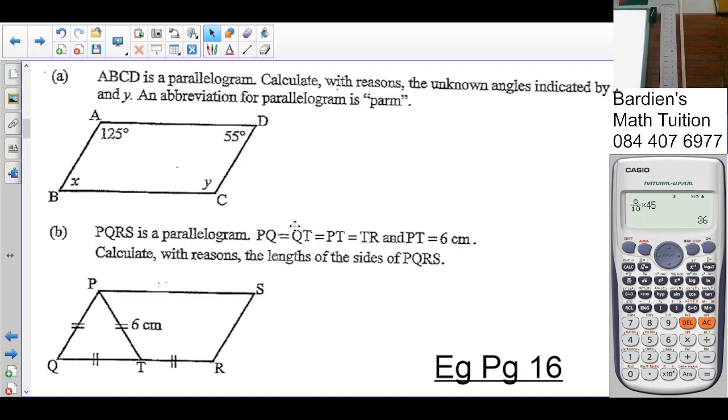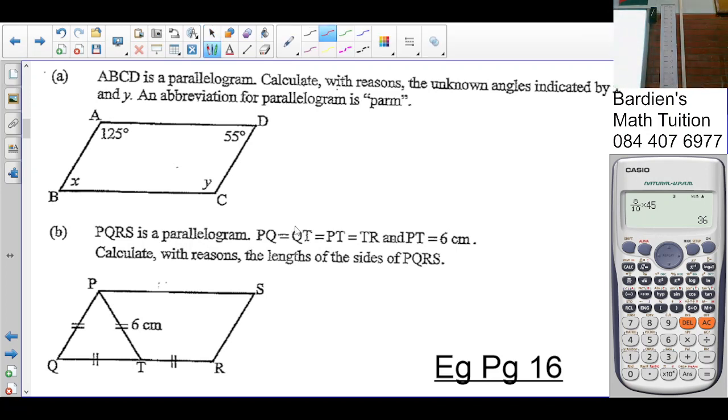So the question says, ABCD is a parallelogram. Calculate with reasons the unknown angles indicated by x and y. The abbreviation for parallelogram is two parallel lines with an M on top. Okay.